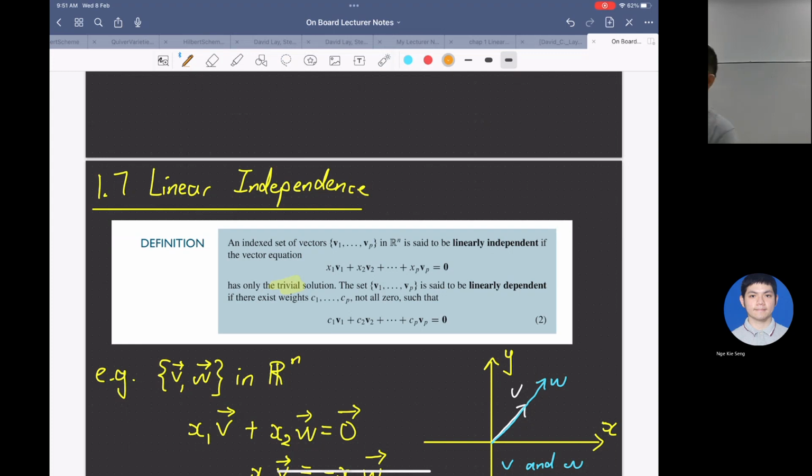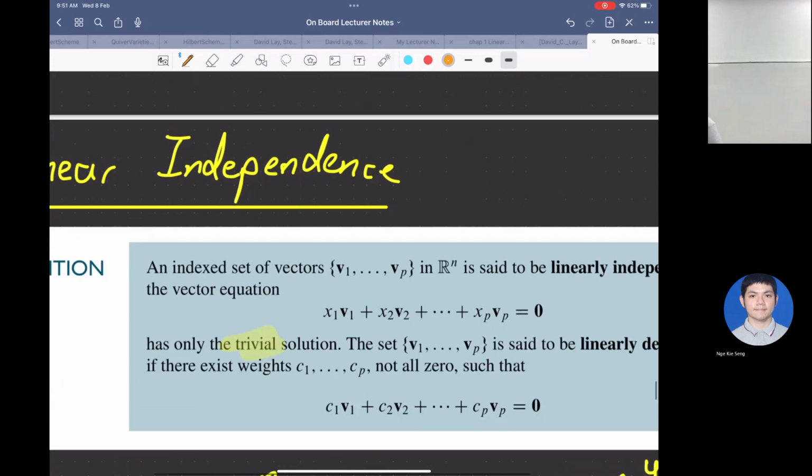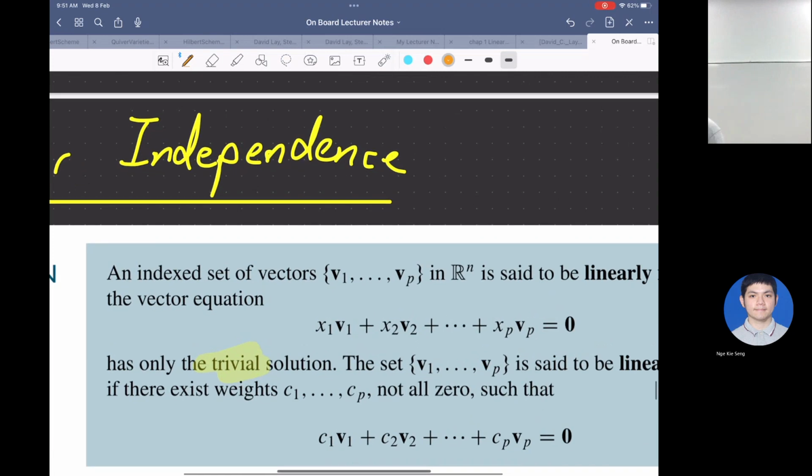Okay, good, this is the definition. If you want to say a set of vectors is linearly independent, the only solution to the vector equation set to 0 is the trivial solution. Okay, this is the definition. Still not satisfied yet.